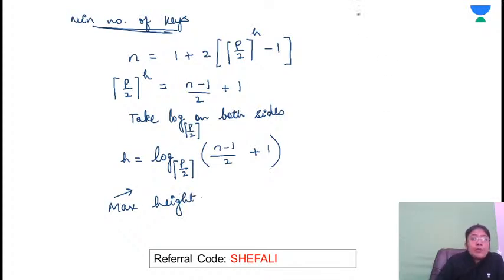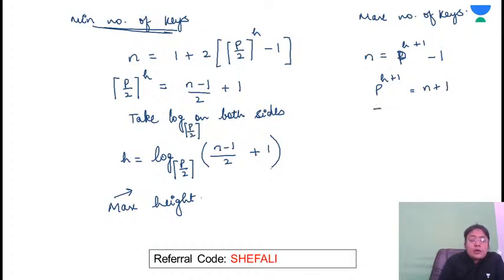If they are asking for minimum height, then you have to use the formula using the maximum number of keys. So the maximum number of keys is n is equal to p raised to power h plus 1 minus 1. From this you have to calculate the value of h. So this comes out to be p raised to power h plus 1 is equal to n plus 1. Take log on both sides, log base p.